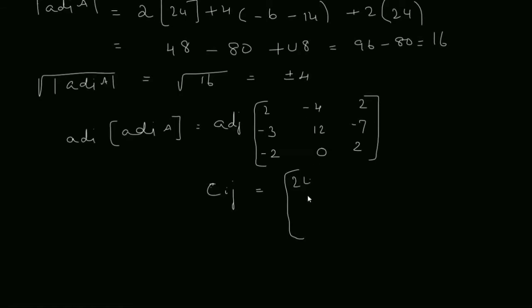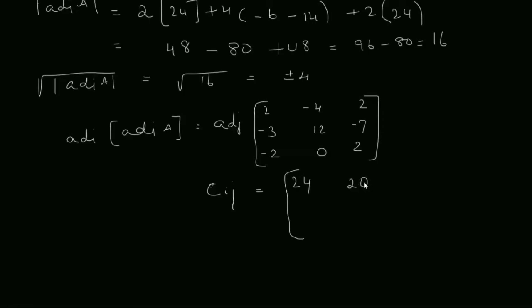Cofactor of this will be minus 6 plus 20. For minus 4, its cofactor is minus 6 minus 20, and already you have a minus sign, so this will become 20.